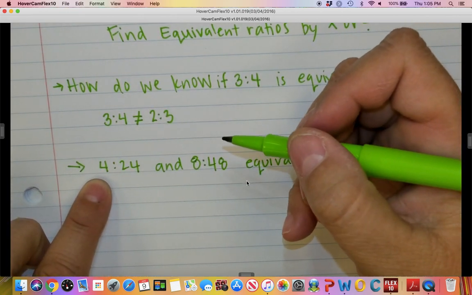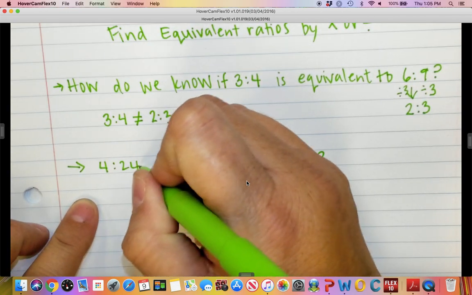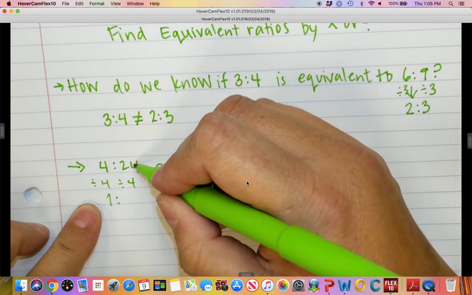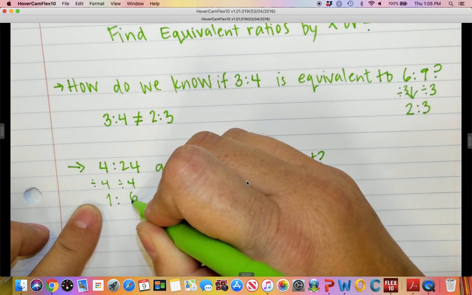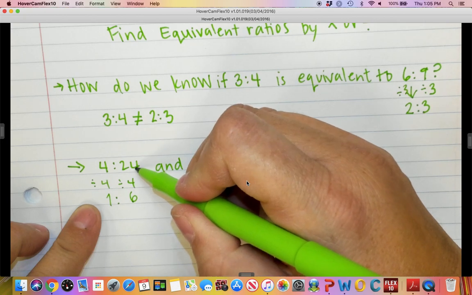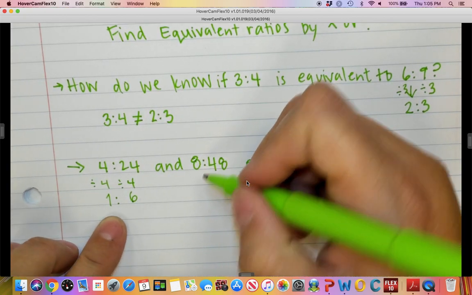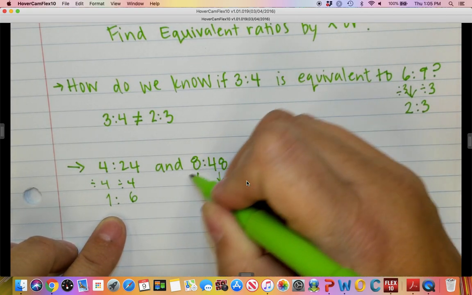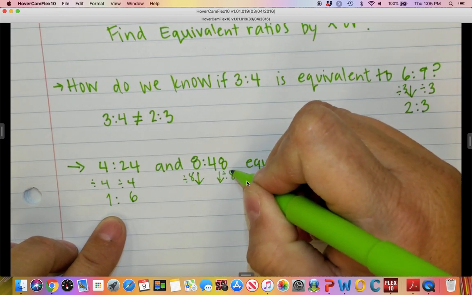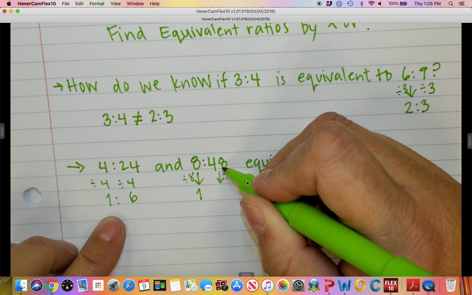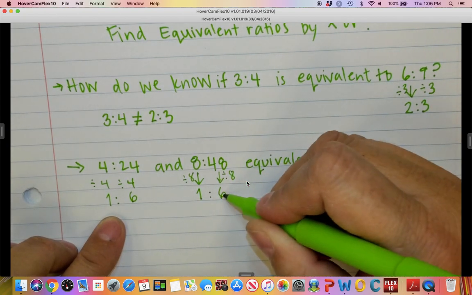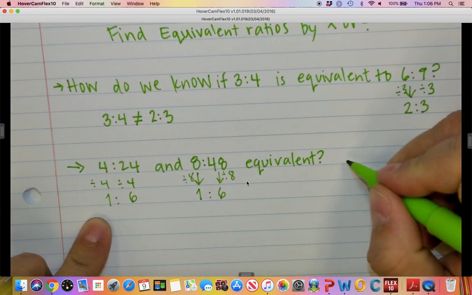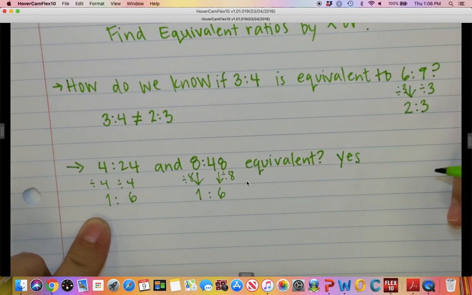I know 4 goes into 4 and 4 goes into 24. 4 goes into 4 once. 4 goes into 24 6 times. 4 times 6 is 24. And then 8 and 48 is divisible by 8. 8 goes into 8 once. 8 goes into 48 6 times. 6 times 8 is 48. Are they equivalent in their simplest forms? They are. So we write yes.